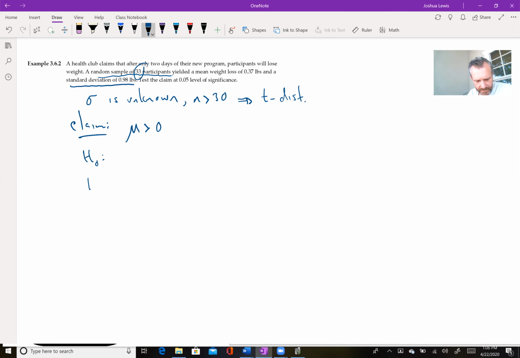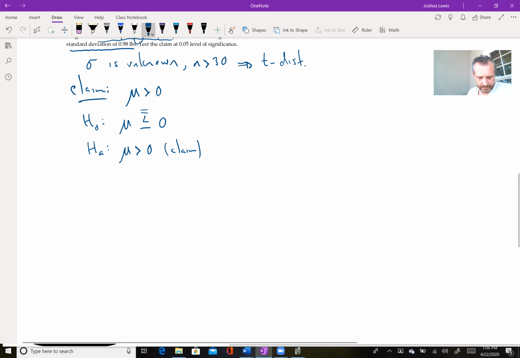Well, let's see here. H0 and HA. My claim does not include any statement of equality. It's a strict inequality. So it goes in the alternative. Therefore, my null is mu is less than or equal to 0. And of course, you could just think of that as equal in order to be most conservative, but it's up to you how you want to articulate that.